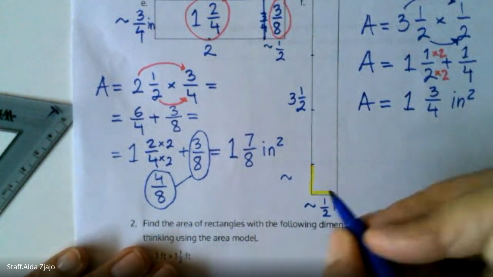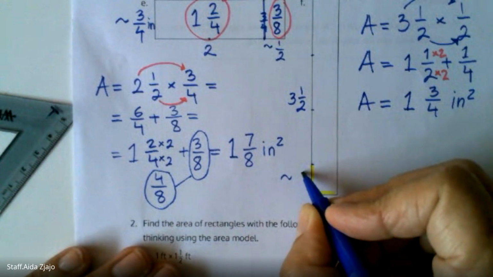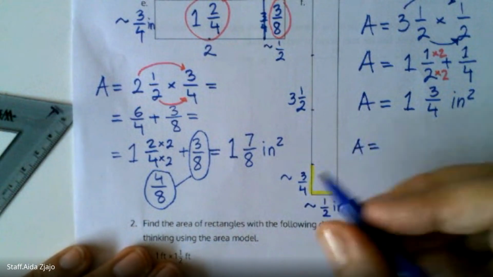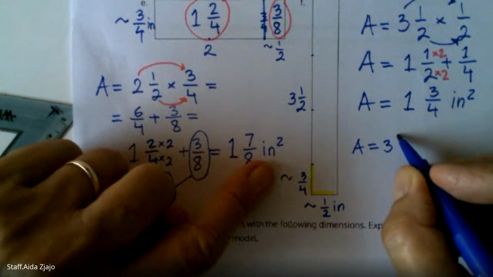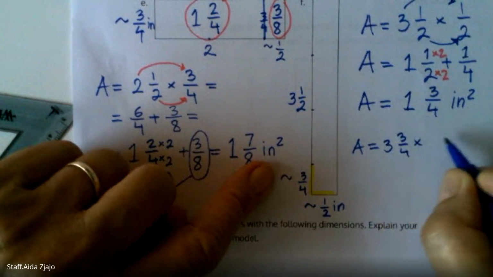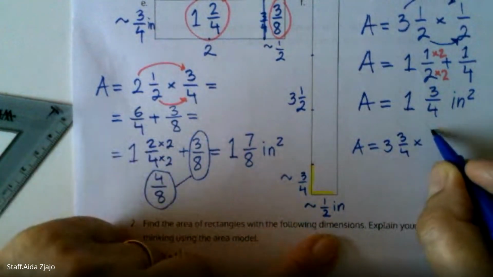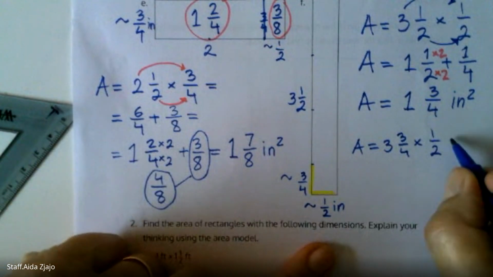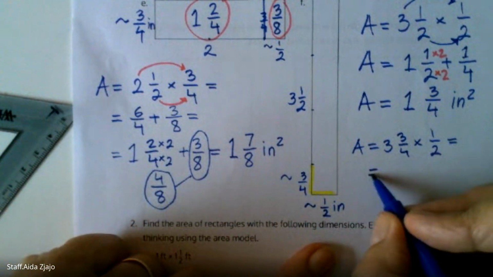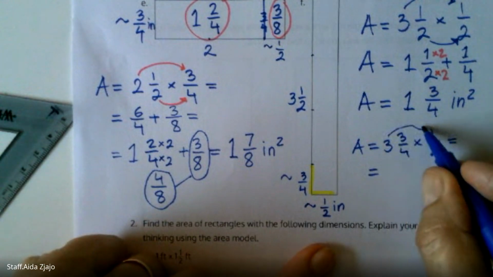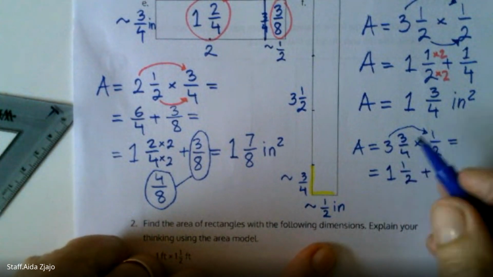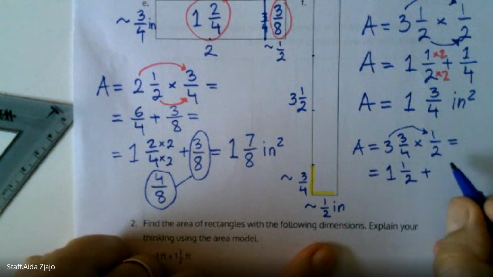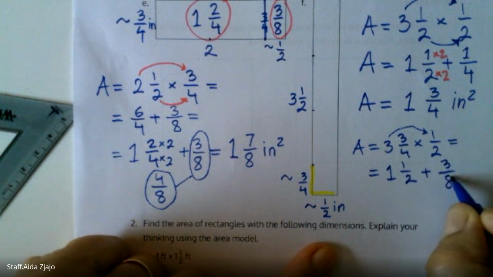For example, if I estimate this to be 3/4, then I will have area equals 3 times half, which is also 1 and 1/2, plus 3/4 times 1/4 is 3/8.